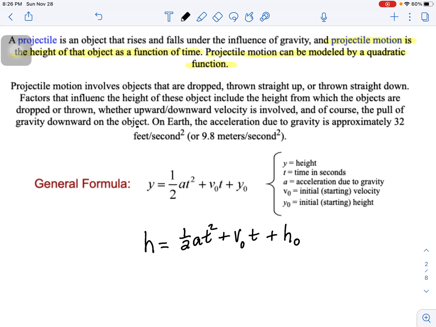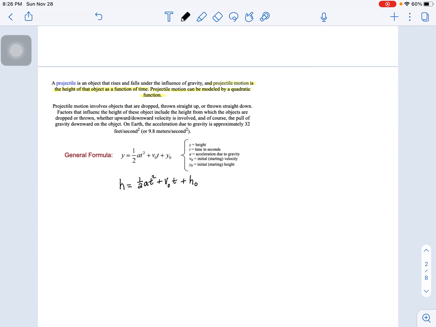So in place of the y and the y sub 0, you will see h and h sub 0 to refer to the height. t is time, a is acceleration due to gravity, v sub 0 is the initial starting velocity. These would all be given to you, as would the general formula.